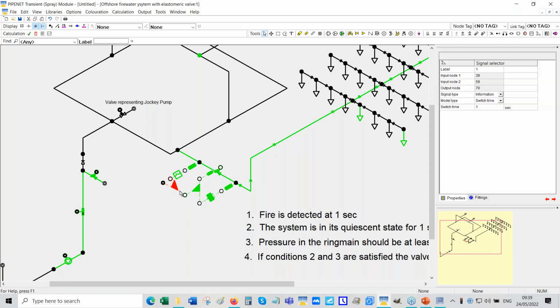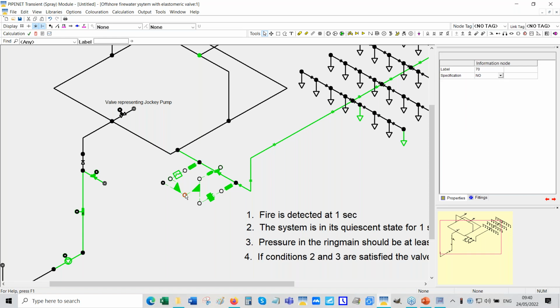Now look at the output of the signal selector. It will definitely remain at 0 for the first 1 second because it's going to switch. Until 1 second, it'll use this. After 1 second, it'll use that. And that will be 1 if that was 2 bar or more, and it'll be 0 if it's less than 2 bar. That's the value here.